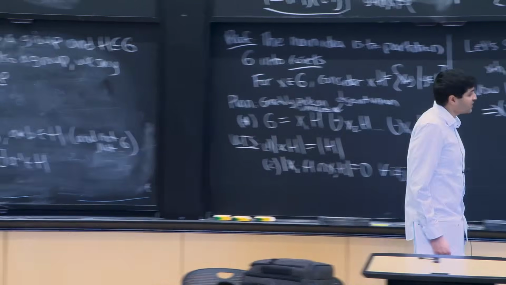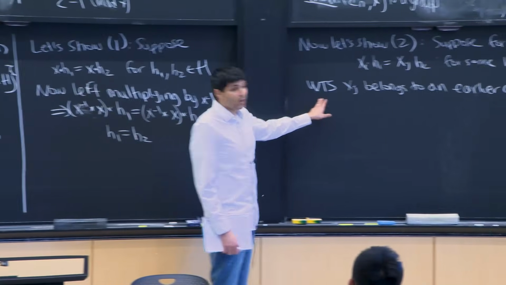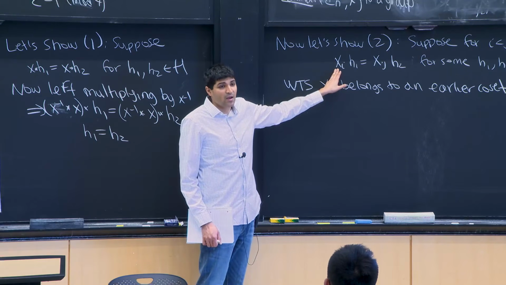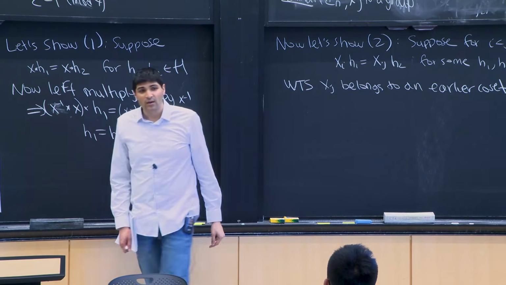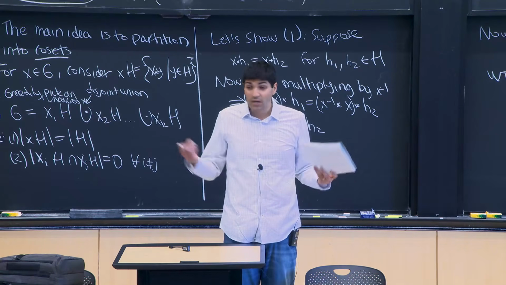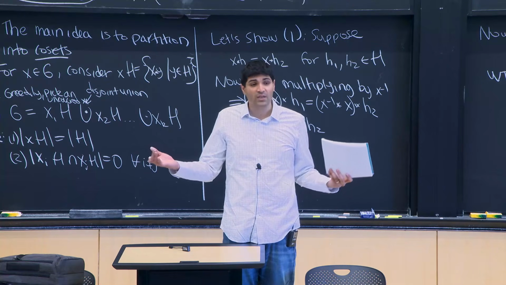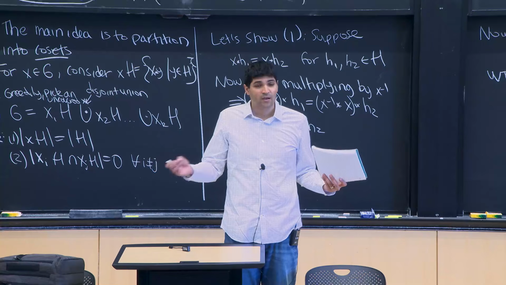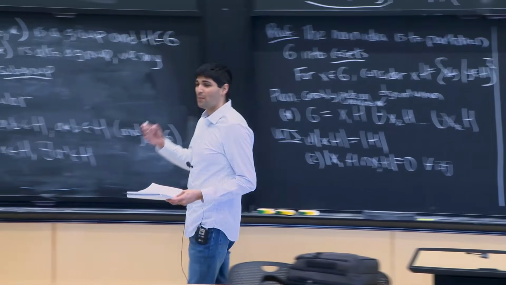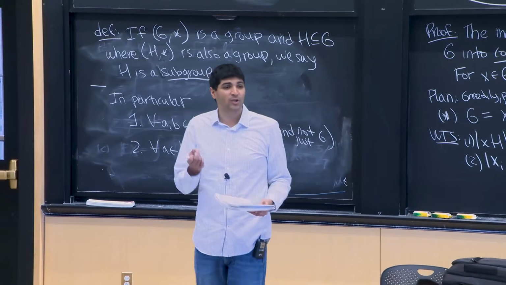So now, same question, right? I'm telling you what I want to show. This is what we're assuming for the purpose of contradiction. How can I show that xj belongs to an earlier coset? I'll give you a hint: it should be the coset defined by xi. And same thing is going to be true here. We just need to figure out what property of a group or subgroup we should apply.